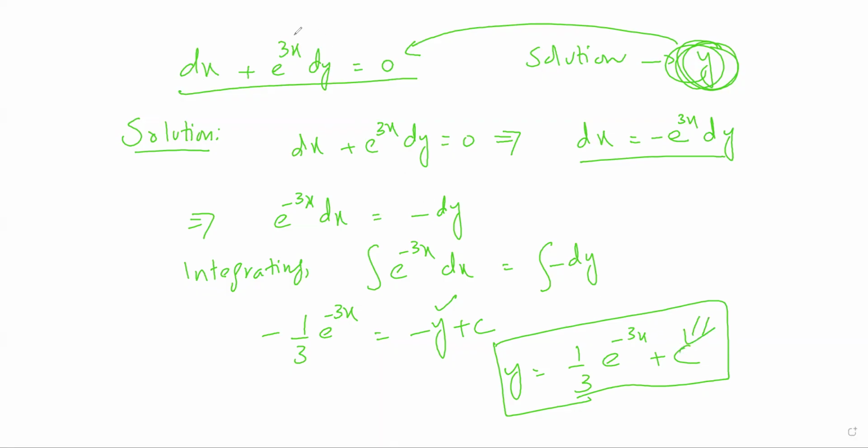Once we have the initial condition, let's say y of 0 is equal to 1, from this initial condition we can find a particular solution, the value of c. So y of 0 is equal to 1 by 3 e^(-3·0) plus c, which is equal to 1.